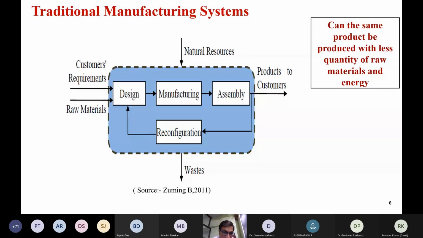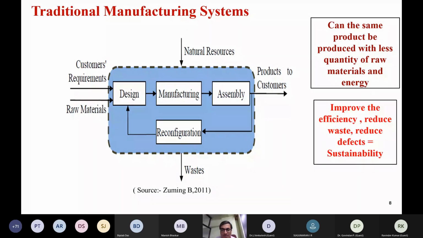Can we think about that? What would be the advantage? How can we do that? Yes, we can: improve efficiency, reduce waste, reduce defects. All these things give the concepts of sustainability and green manufacturing.